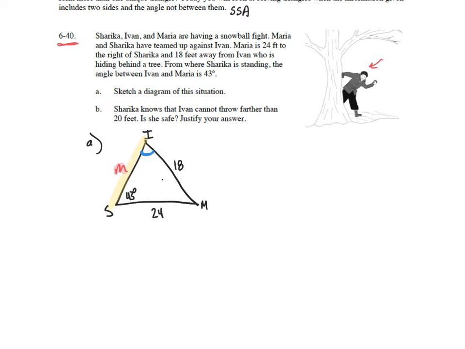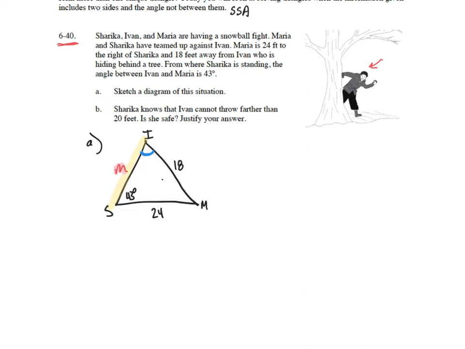Once I get angle I, I have an angle pair relationship between I and 24, which allows me to find this angle M. I can then use M and little m down here to find the missing side length. So in essence, I'm using the law of sines twice to solve this triangle.